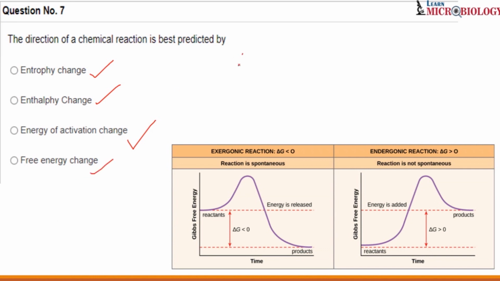That is, free energy change, if you remember, is nothing but delta G. And we know, even from lower classes, if delta G is less than 0, then the reaction will be what? The reaction will be spontaneous. Spontaneous means it will take place on its own. But if it is greater than 0, the reaction will not be spontaneous.